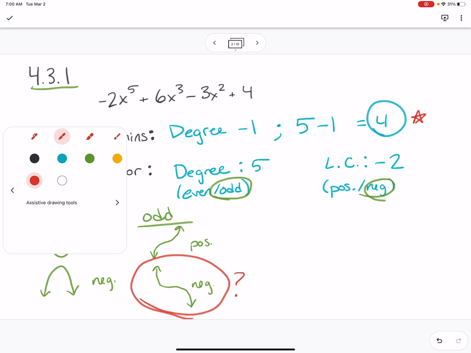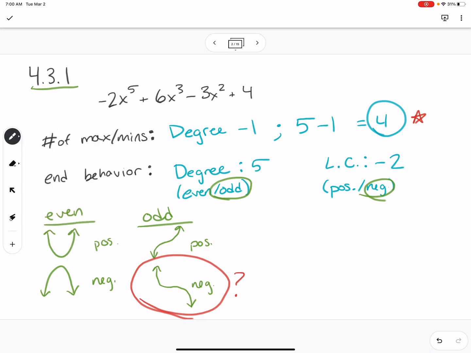So your question is always going to ask you what is happening as x is approaching infinity and what is happening as x is approaching negative infinity. Well, these are just fancy ways of saying left and right. If I say as x approaches infinity, that's really asking what's happening as we go to the right. And if I say as x approaches negative infinity, that's really a fancy way of saying what's happening as x goes to the left. So what's happening on the right and the left of my graph?